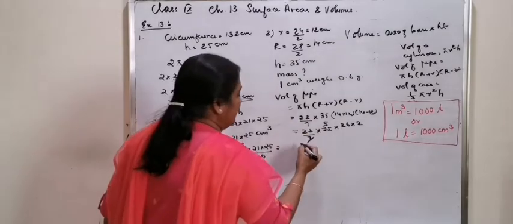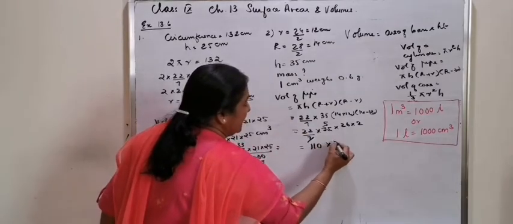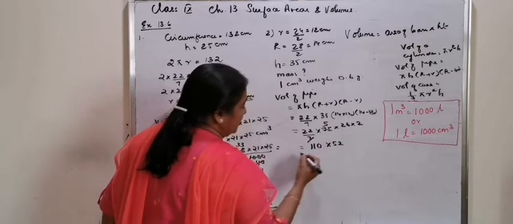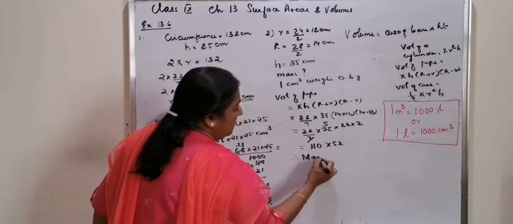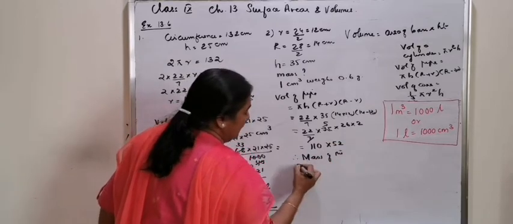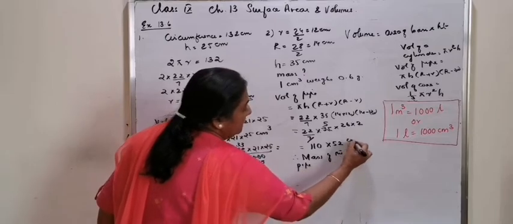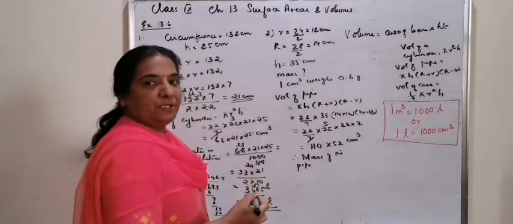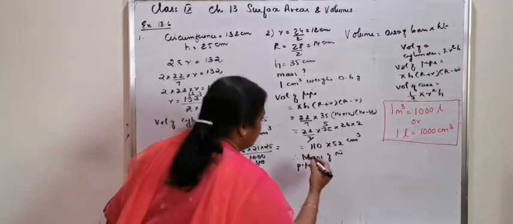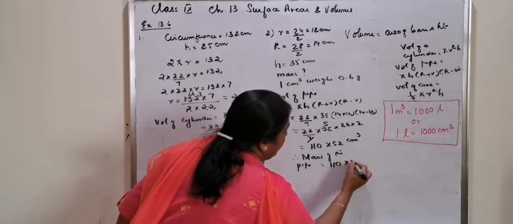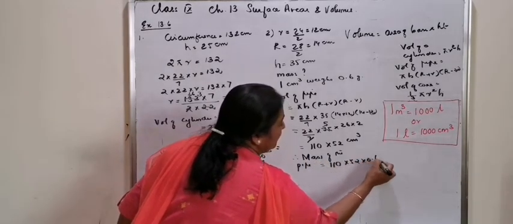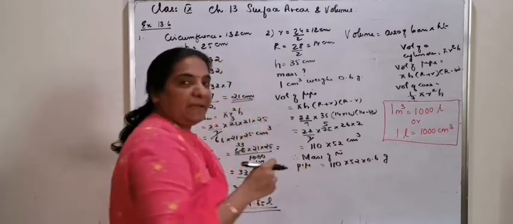So 22 into 5 is 110 into 26 into 2 is 52. Therefore, mass of the pipe is this many centimeter cube multiplied by 0.6: 110 into 52 into 0.6, that many grams.